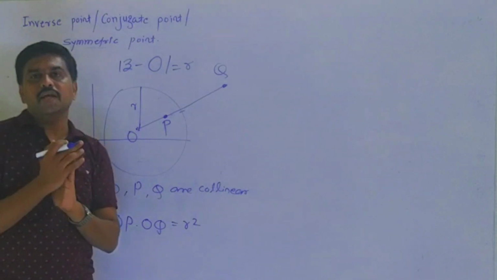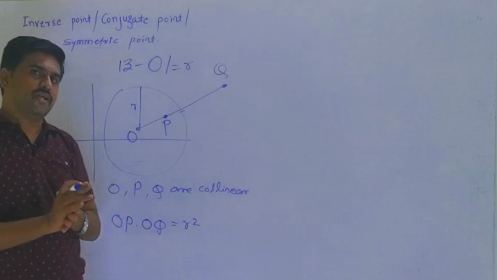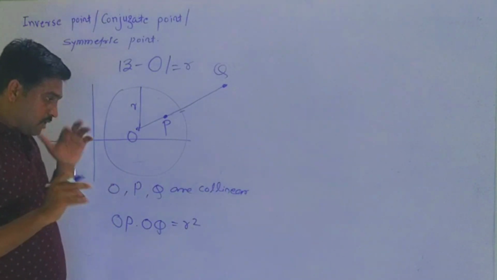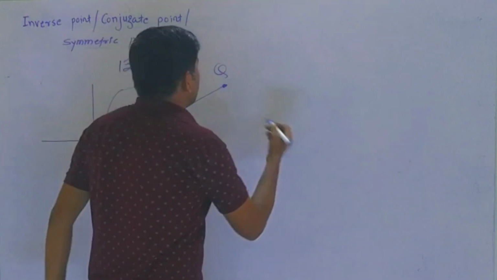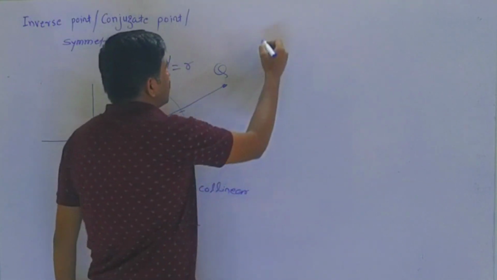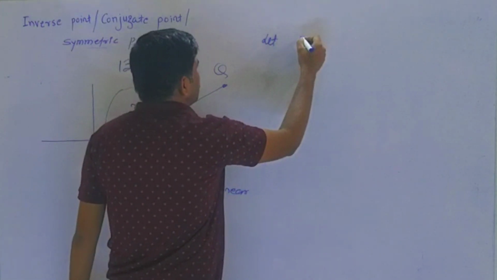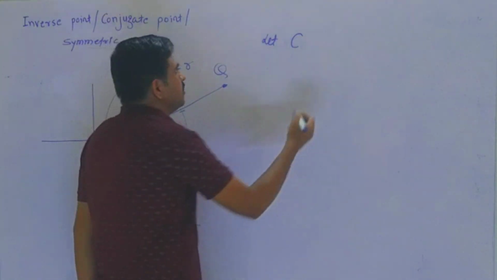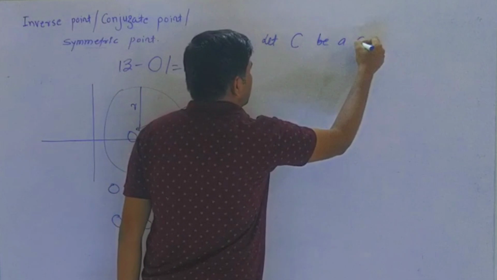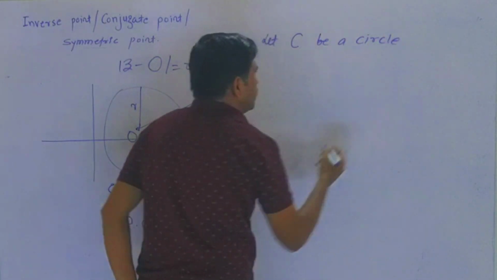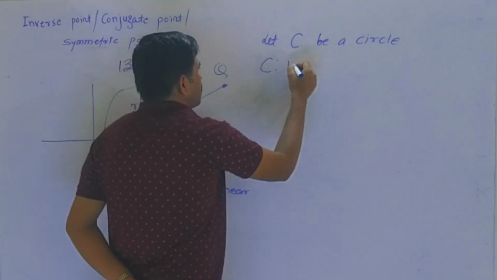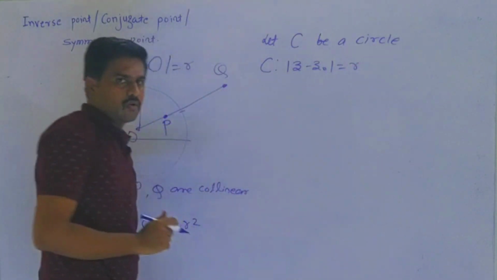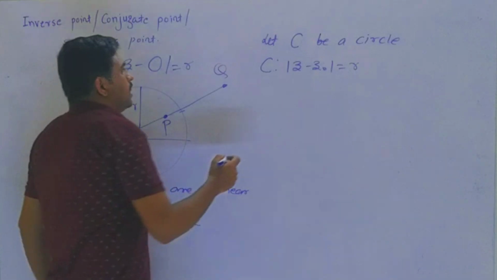Now, how to find the conjugate point with respect to a circle? I will skip the proof of that formula, but I will give you one formula. Let C, this is not the set of complex numbers, I use C for circle, be a circle like this, |Z minus Z0| equals R. This is the circle on the complex plane, right?